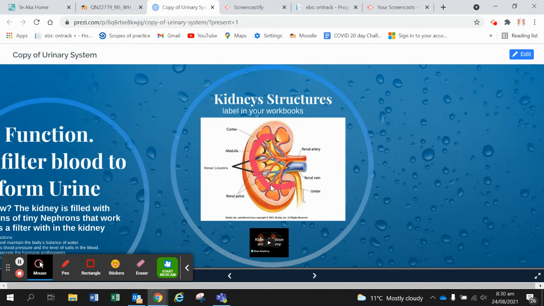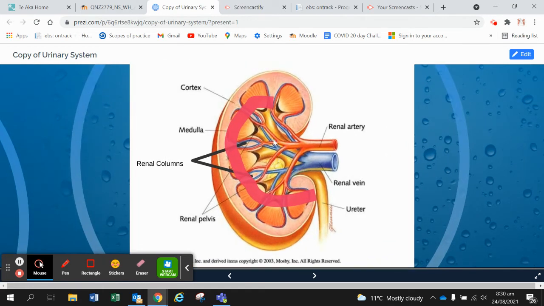Okay, if we were to take away the arteries and the veins, and lift these two red and blue vessels away, can you see the yellow under here? This yellow area is where all the filtered blood, all the urine, all the waste gets filtered into. And this yellow area is called your renal pelvis.